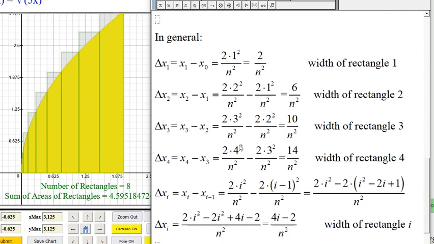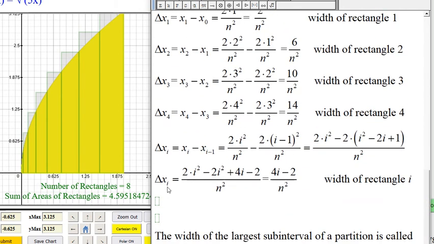And so the width of the ith rectangle will be x of i minus x of i minus 1. So this is x of i and this is x of i minus 1. And so we have 2i squared over n squared, minus x of i minus 1, which is 2 times i minus 1 squared, divided by n squared.